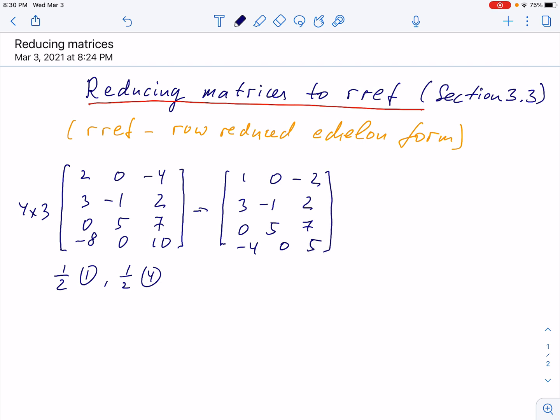Okay, so we have a pivot now in top left corner, and we use this pivot to make zeros below. So we shall multiply the first row by -3, add to the second, and then we shall multiply the first row by 4, add to the fourth.